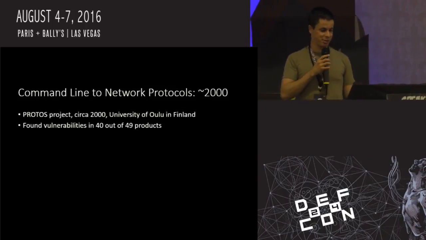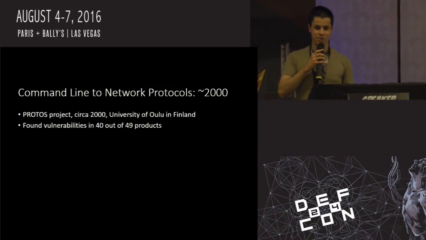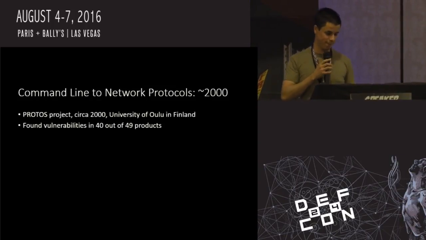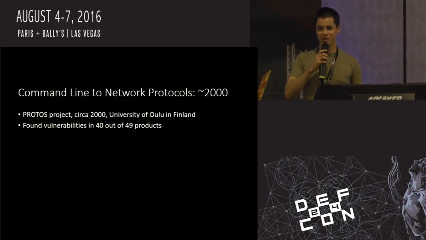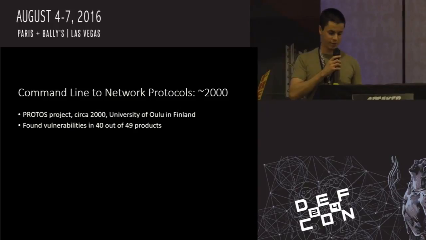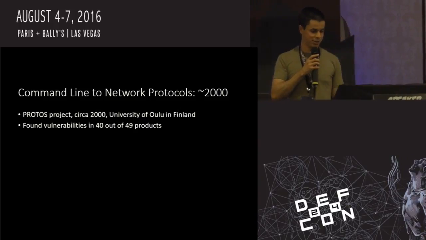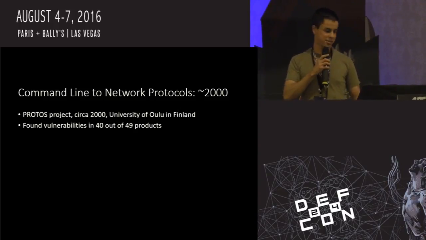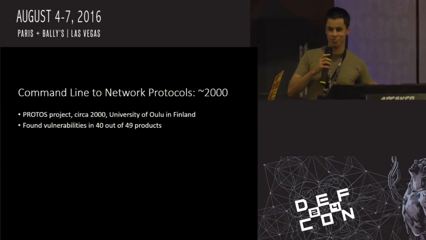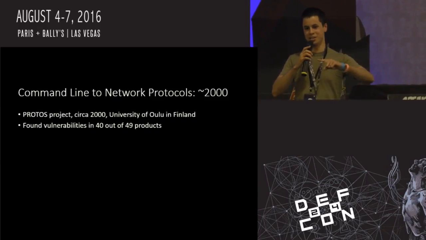So moving on, the next big development was around 2000 at a university in Finland, and there's a master's thesis published in 2001 if you really want to get into this stuff. They found vulnerabilities in 40 out of 49 products, and they moved from the command line to fuzzing on the network.